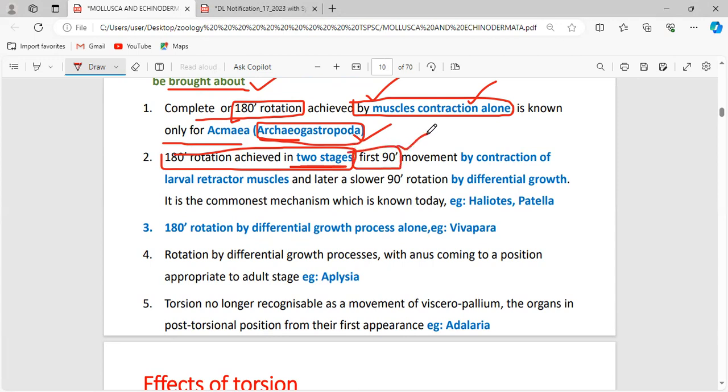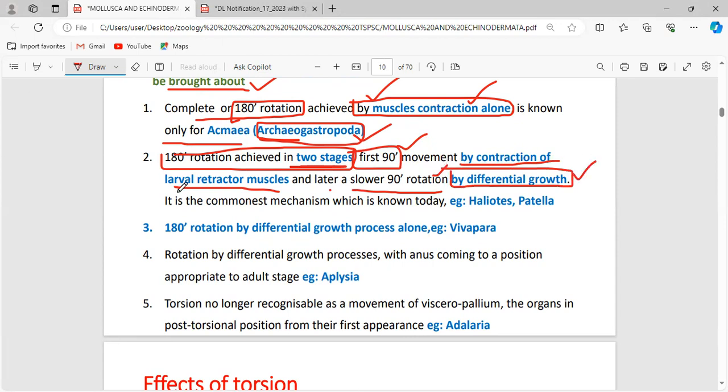The first 90-degree movement is done by the contraction of larval retractor muscles, completely under the control of muscles. And later, a slower 90-degree rotation by differential growth. What is it? A differential growth.